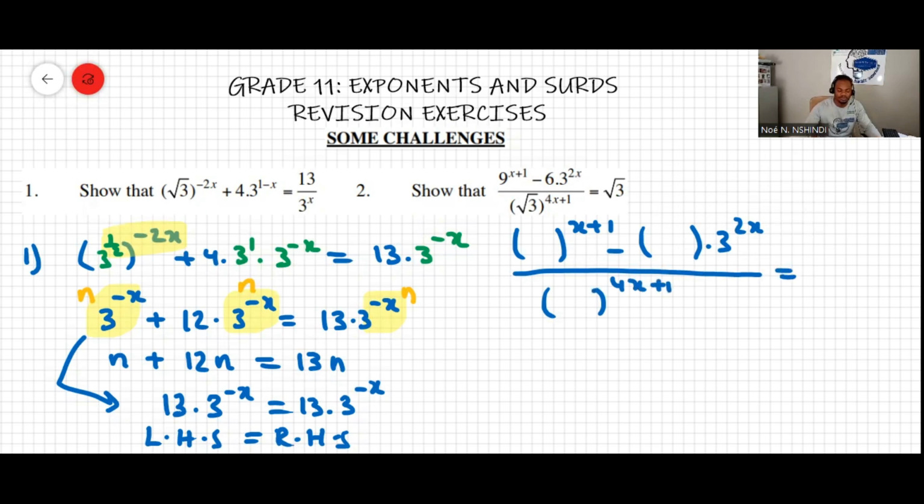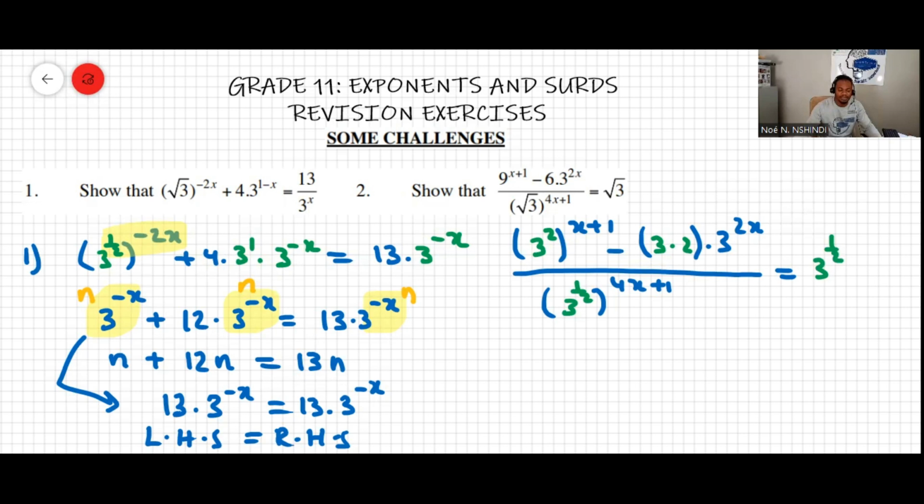I can write it also in terms of its prime factors. So now this will be 3 squared, minus 6, which is 3 times 2, and then the square root of 3 is 3 to the power of a half.